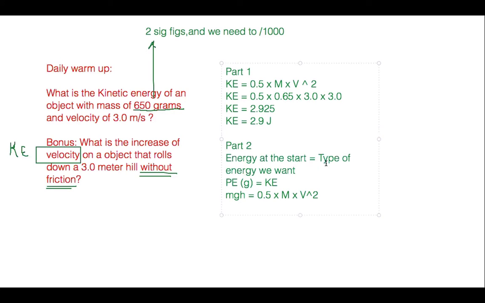We also write that as total energy at the start is equal to total energy anytime. This is our conservation equation, and this is how we start these problems. We look at the type of energy we want, which is kinetic energy, and the type of energy we start with, the source of energy, which is that potential energy due to gravity. And there will be several of these type of problems.